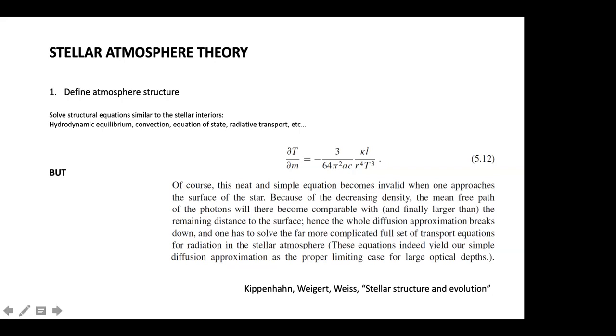So you can do something very similar to the stellar interiors, but there you must substitute the diffusion equation for radiative transport, and you have to consider the interaction between matter and radiation, step by step. And you actually have to use the complicated full set of transport equations for radiation.